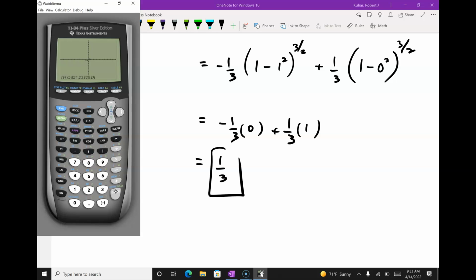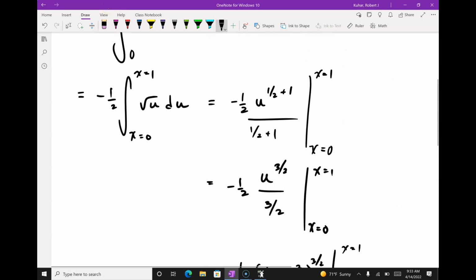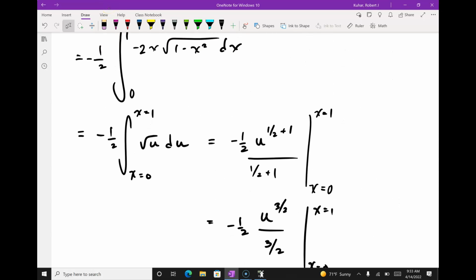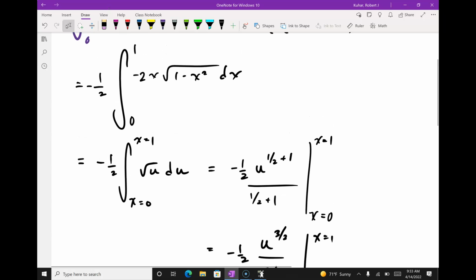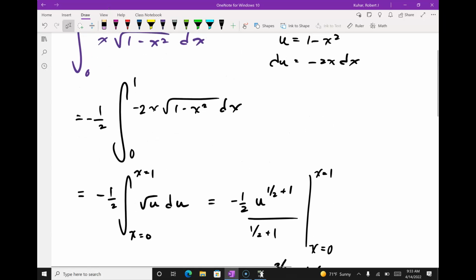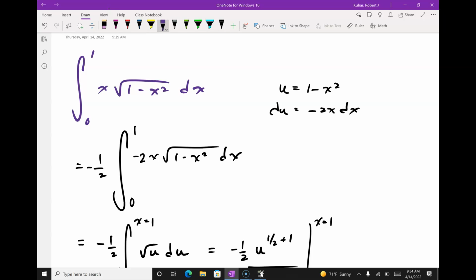Question? Yeah, so if I let u be the inside, I take the derivative and I get negative 2x dx. So if you notice, I have an x dx, I don't have a negative 2 dx. So what I'm doing is I'm multiplying by negative 2.